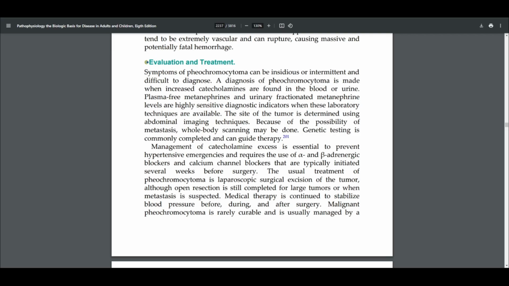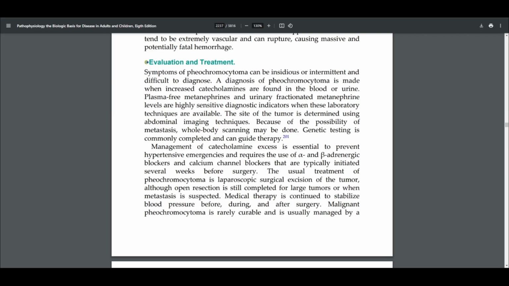Plasma-free metanephrines and urinary fractionated metanephrine levels are highly sensitive diagnostic indicators when these laboratory techniques are available. The site of the tumor is determined using abdominal imaging techniques because of the possibility of metastasis. Whole body scanning may be done. Genetic testing is commonly complicated and can guide therapy.